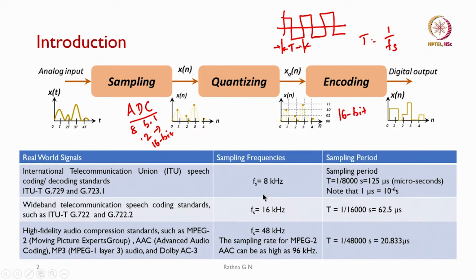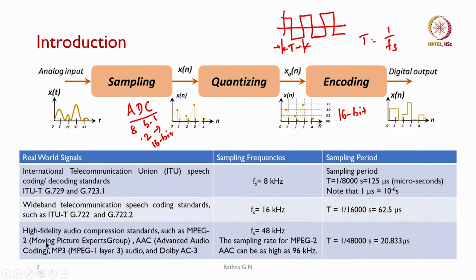In the case of wideband telecommunication speech coding, which uses G.722, we know that the sampling frequency is 16 kilohertz. So our fs has to be 16 kilohertz, and we must be able to finish our computation in a 62.5 microsecond time period.